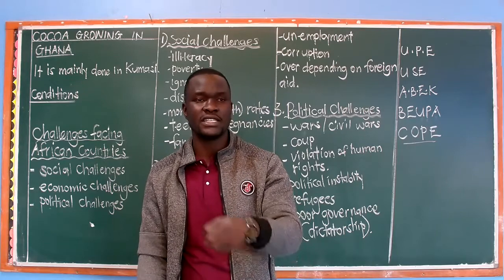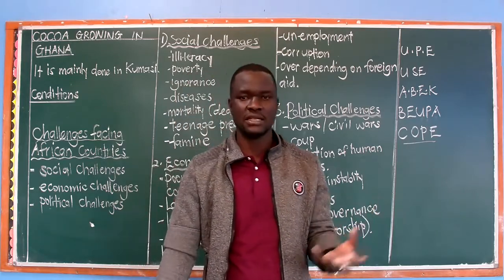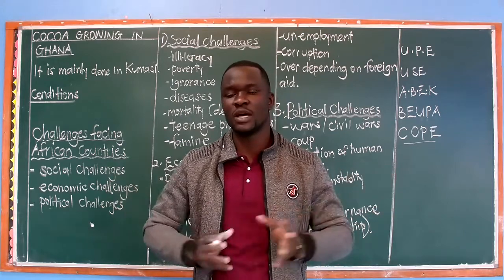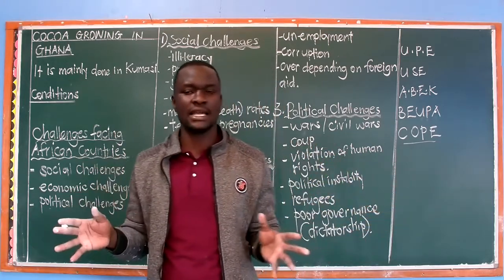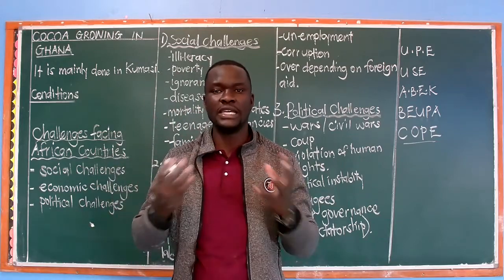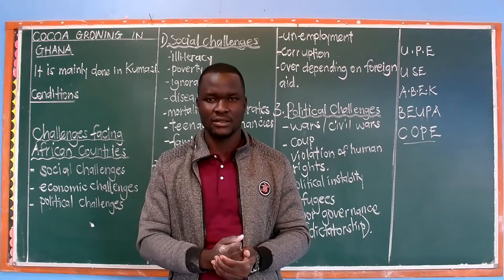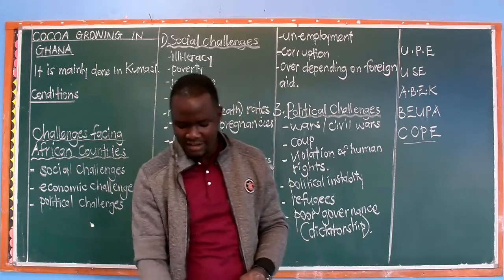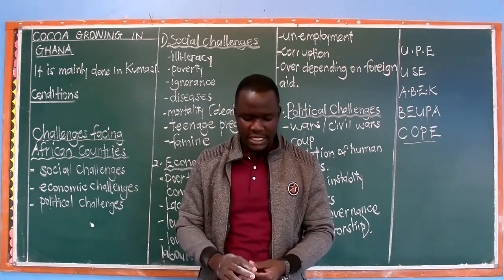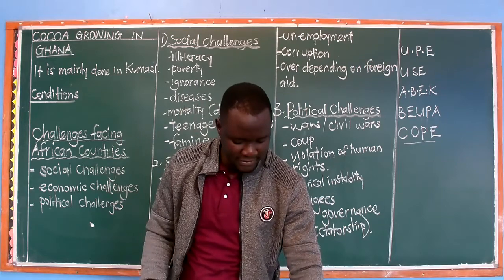So farmers are always encouraged to use machines, and when they use machines, of course, this can be done on a large scale, and when it is on a large scale, the yield, the produce will be too much for the country. So those are the solutions that the government can put in place in order to help these farmers to be able to produce enough yield.